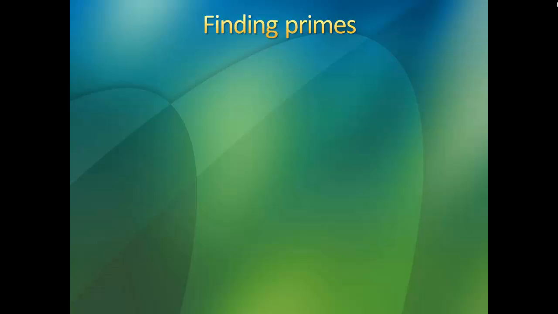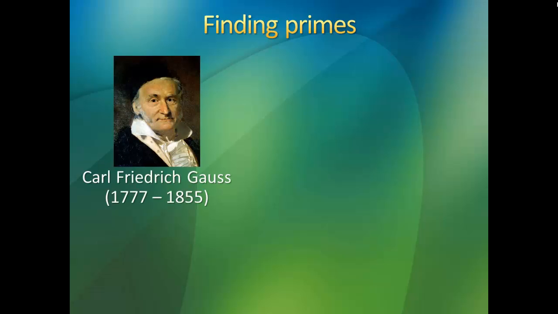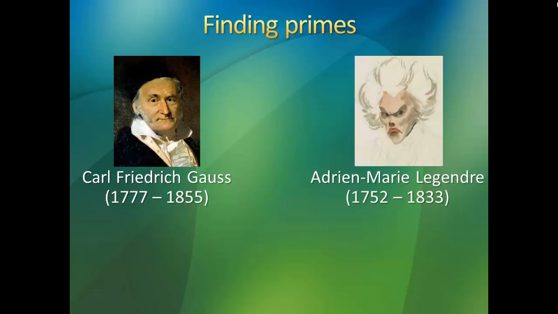At the end of the 18th century, two mathematicians, the German mathematician Carl Friedrich Gauss and the French mathematician Adrien-Marie Legendre, conjectured that the prime counting function was approximately equal to, or technically asymptotic to, x divided by the natural log of x.